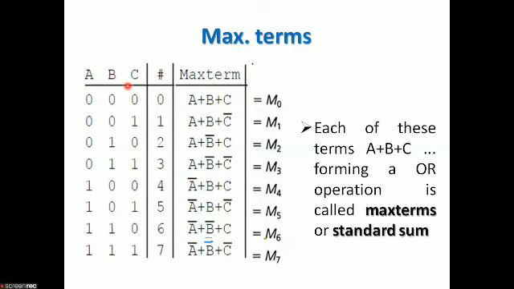In this case, as there are 3 variables, the number of min terms or max terms is 8, that is 2 to the power 3. If the variable number is 2, suppose we are writing the truth table for A and B, the number of min terms will be 4. Why? Because it is 2 to the power 2, that is 4 min terms. So these were the max terms.